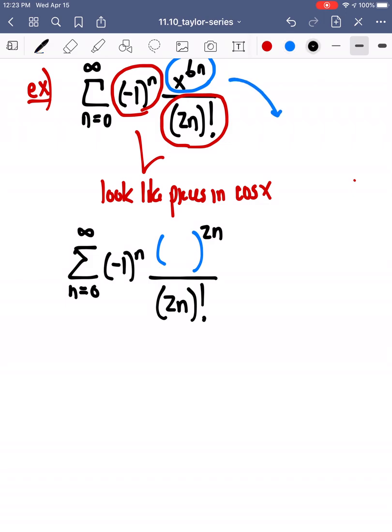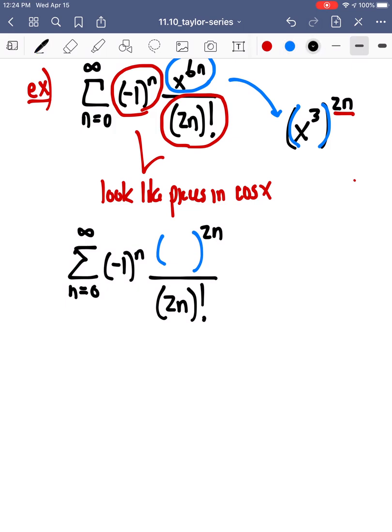This is where algebra really helps us, where we can take that x to the 6n and rewrite that as x cubed all raised to the 2n power. Because again, what we're going for is some quantity being raised to the 2n power. And if we have x cubed raised to the 2n, we can multiply those powers to get x to the 6n, which was originally given.